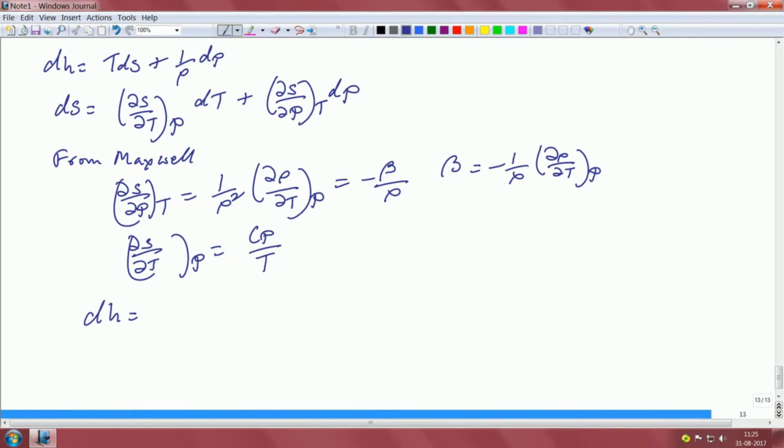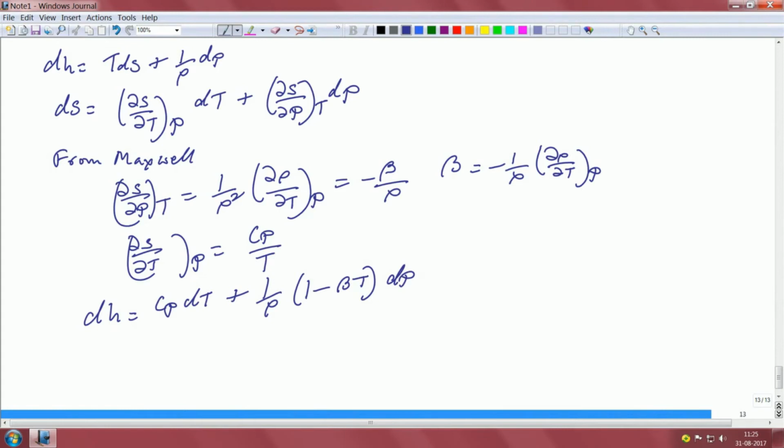So dH therefore can be written, if you do quantity by quantity substitutions, because ds we have already cast in this particular form, as Cp into dt plus 1 over rho into 1 minus beta T into dP.